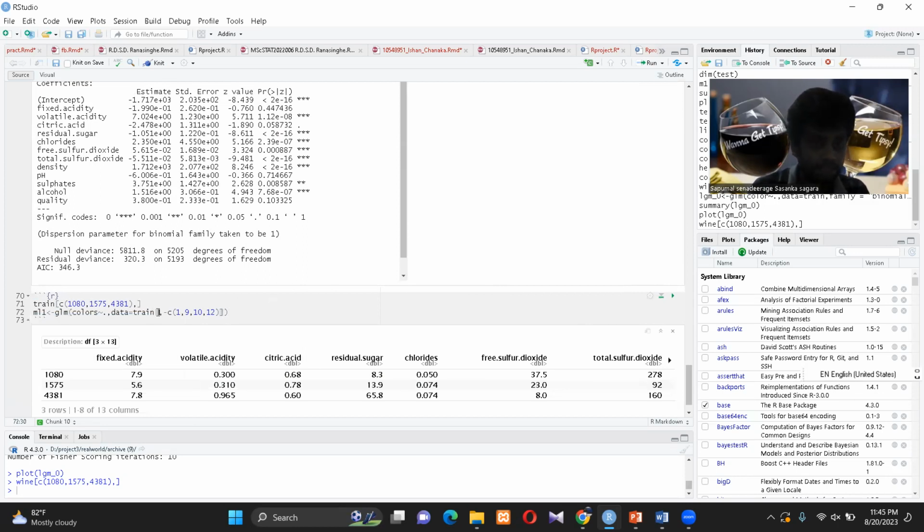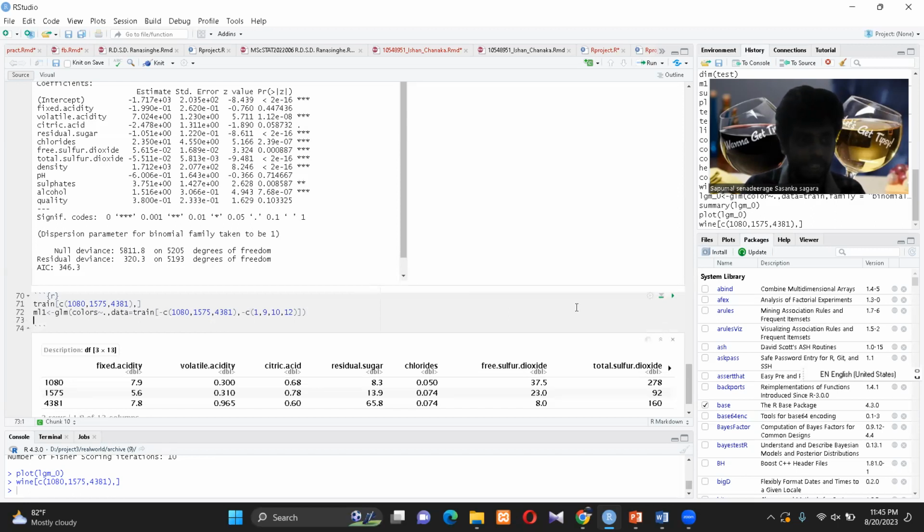Then I'll put minus C here. Let me copy this and paste it. Now let's take a look at the summary of the model. Let me call this two.